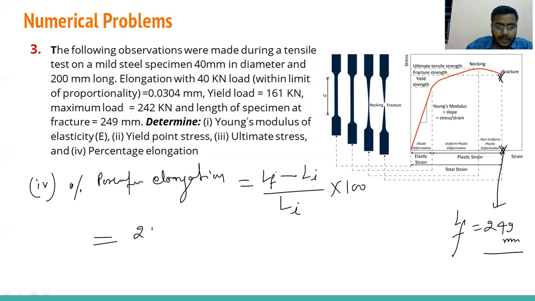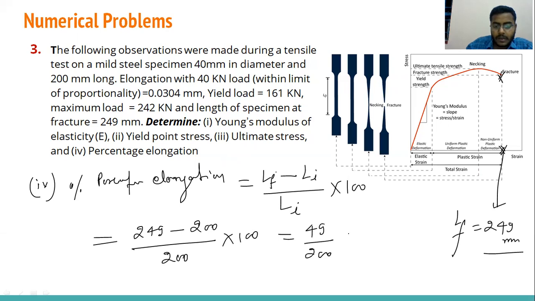So 249 minus this initial length was 200, divided by 200 into 100. So 49 divided by 200 into 100, by calculation we will get 24.5%.